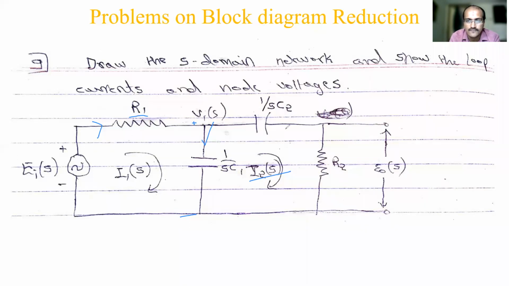Finally, E naught of S is R2 into I2 of S, the same current I2 of S, so current into resistance gives the final equation.